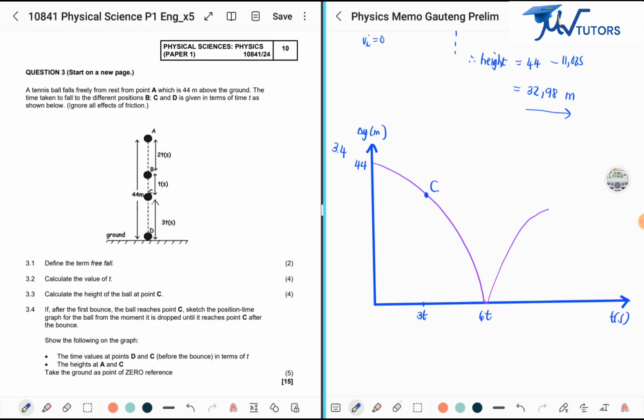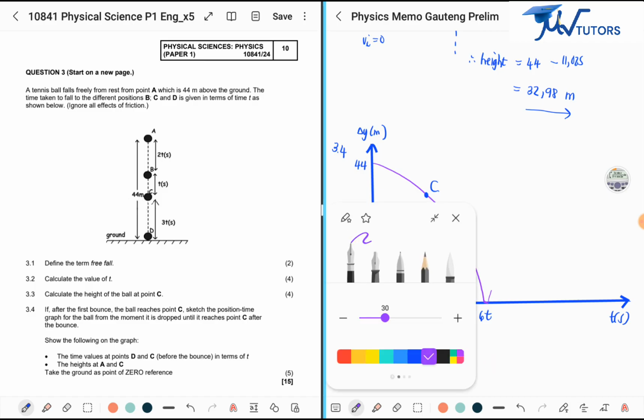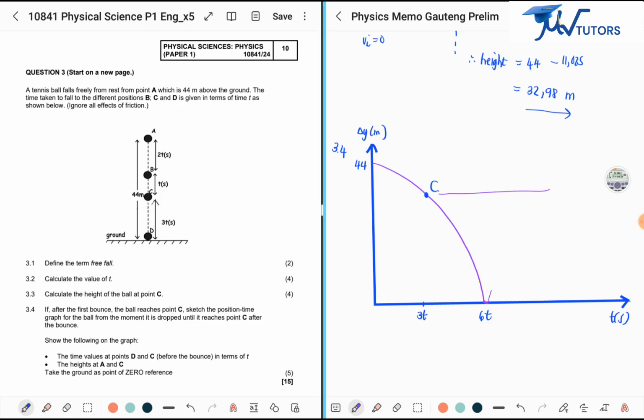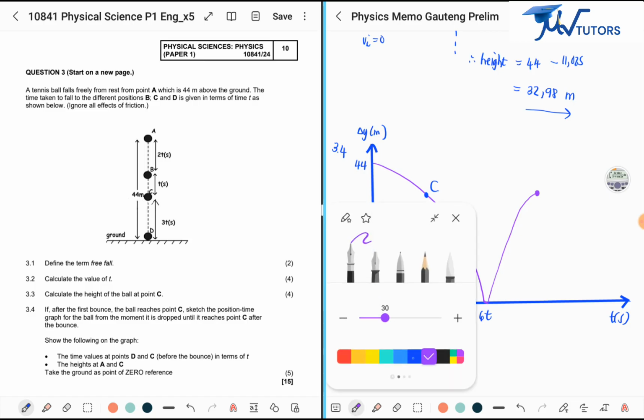Then maybe I should sketch this one a little bit differently, because it needs to go back to C. If this is C over here, we went all the way to C. So what was the height then at C? We did say it's 32.98.